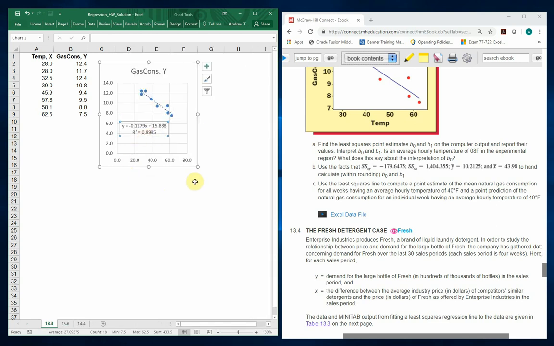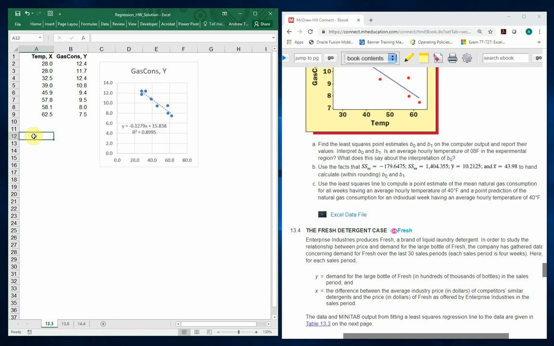And so that is the least squares point estimate. That is B0 and B1. So B0 is the intercept, B1 is the slope. So in this case, this would be B0, 15.8, and B1, the slope, would be minus 0.129.